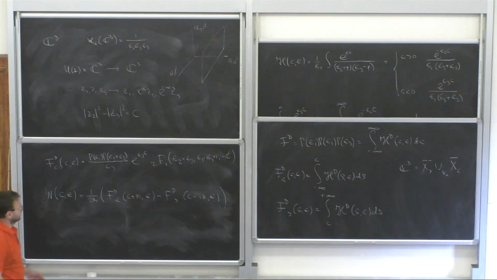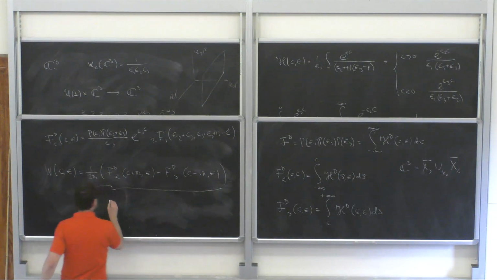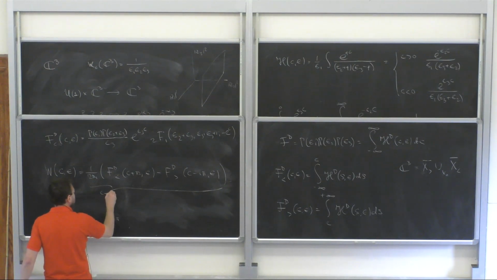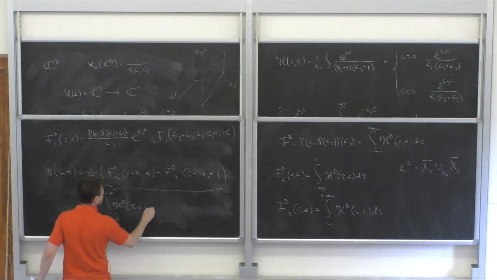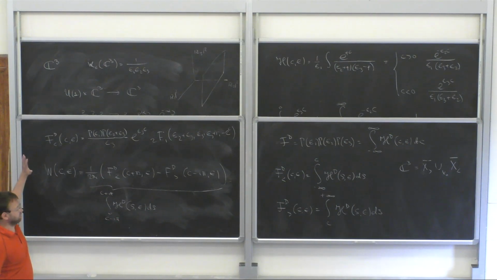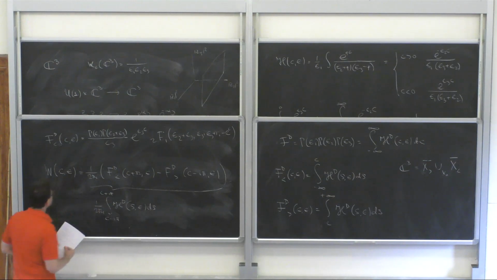Alternatively, I can write this as a contour integral from c minus i pi to c plus i pi of H_D. What I'm doing now is different from before, when my c was real. Now I'm going to the complex plane and doing this integral, so you will get this function.